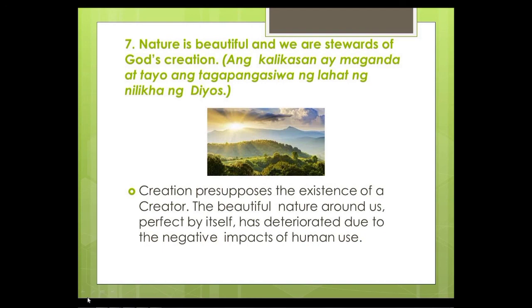So, dahil doon, parang sinasabi na tayo yung owner ng kalikasan, which is hindi tama. So, dapat inaalagaan natin yung kalikasan. Hindi tayo yung pinakamataas, hindi tayo yung may-ari ng kalikasan.